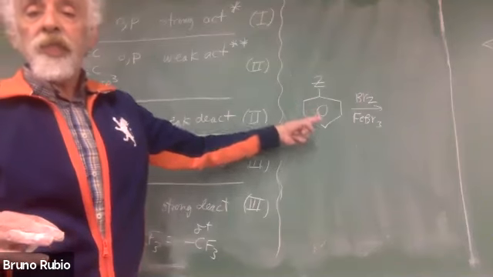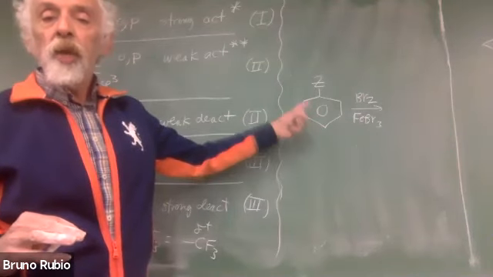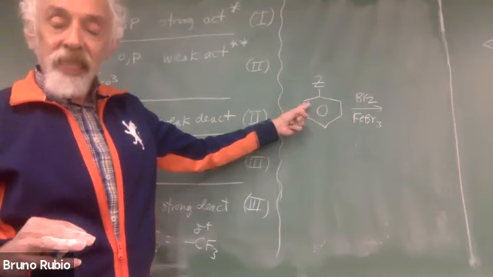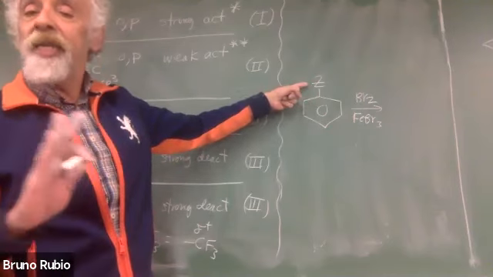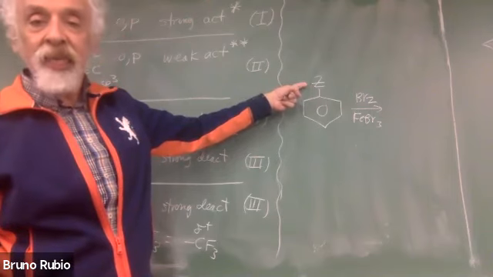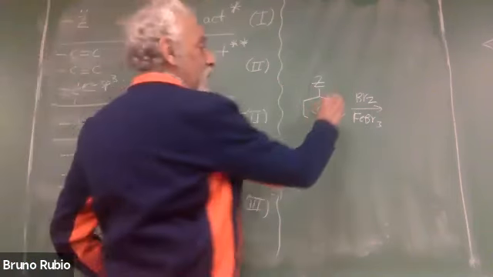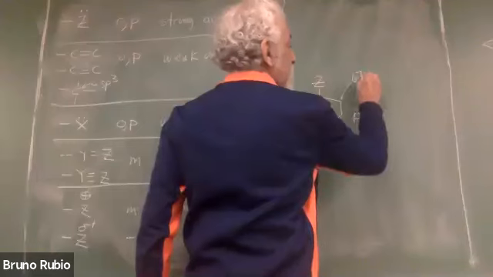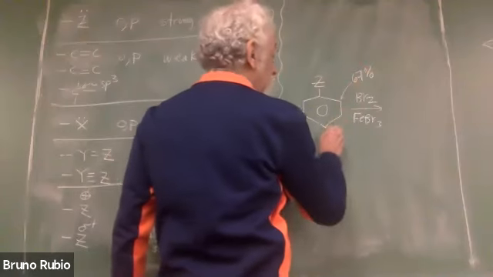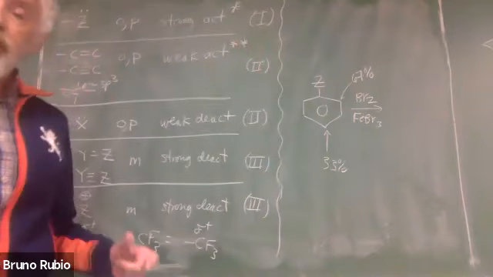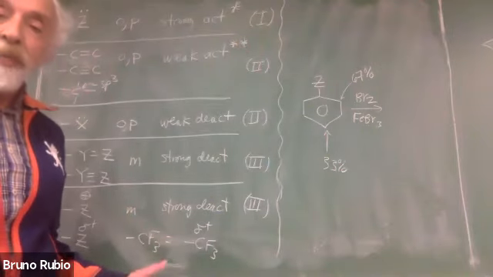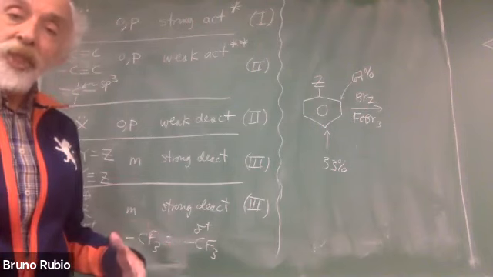If the ortho positions and the para positions were exactly equally reactive, and if the size of this group had nothing to do with anything, we would get 67% ortho and 33% para, right? Because there are twice as many ortho positions as there are para positions.